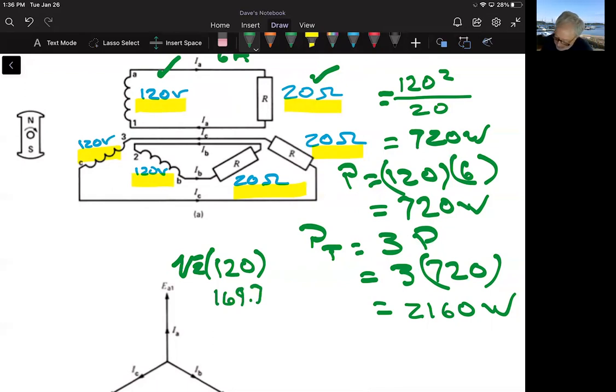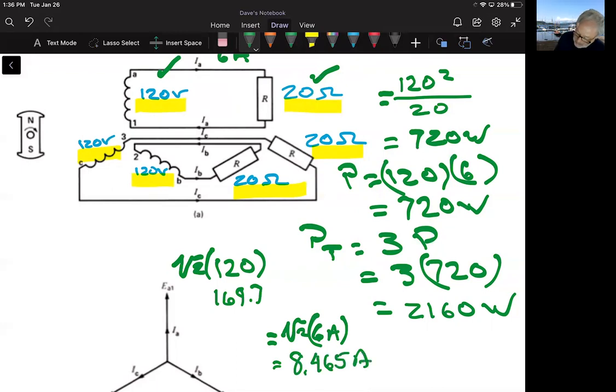The peak current, since this is effective current, I have 6 amps times square root of 2, and the current associated with that would be 8.485 amps. So from effective to peak, multiply by the square root of 2.